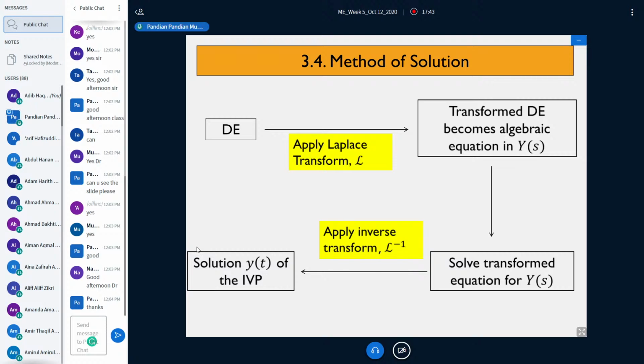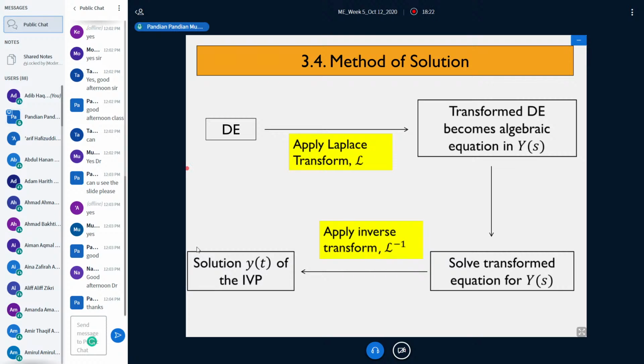So Laplace transform is a well-constructed method to solve the ordinary differential equation. So how do we solve the ordinary differential equation? You see this figure, this is what we call the framework, the architecture of this method.